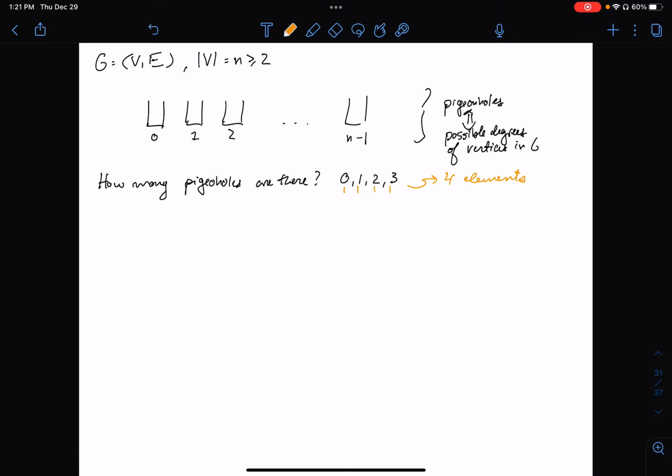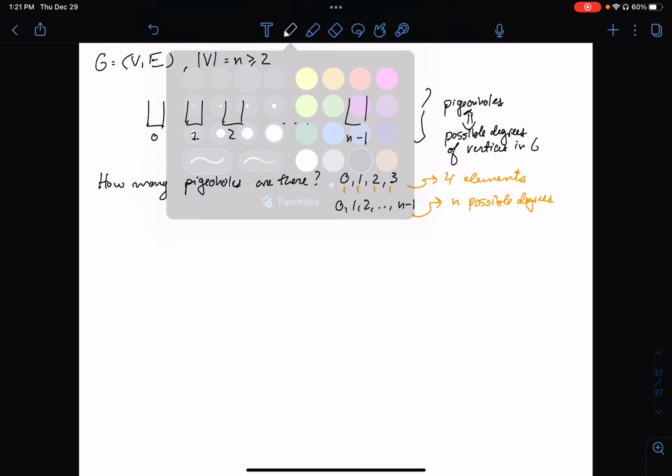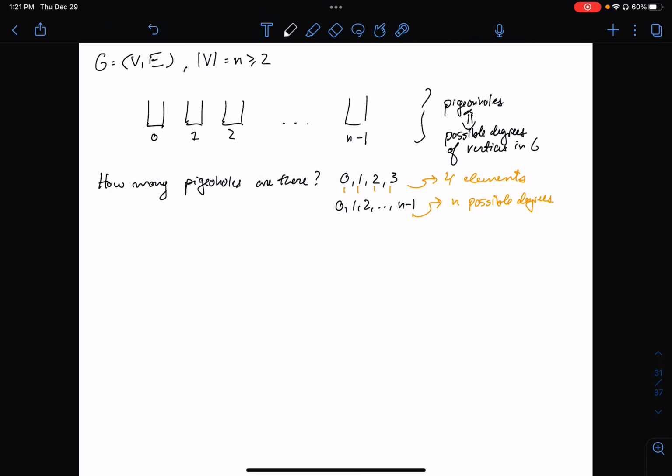And so if you have 0, 1, 2, all the way to n minus 1 degrees, then you end up with n possible degrees.